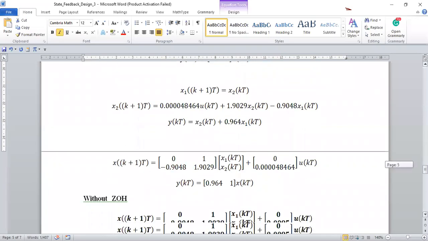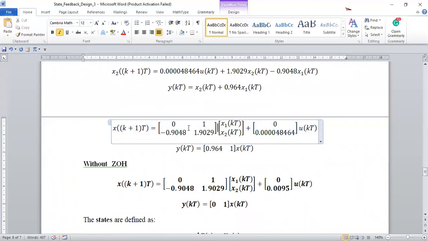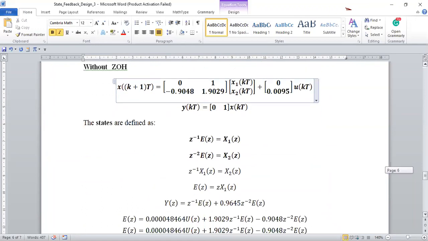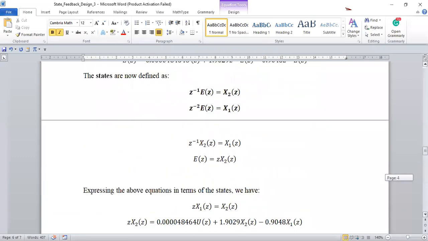So this is what we got using the zero order hold. Then if you can remember, last week this was the state space representation we got without the zero order hold. So you can see that it's very different. We have different transfer functions. In this case, I just switched the states, because for here, I said let x2 be z minus 1 A of z, then x1 be z minus 2 A of z.